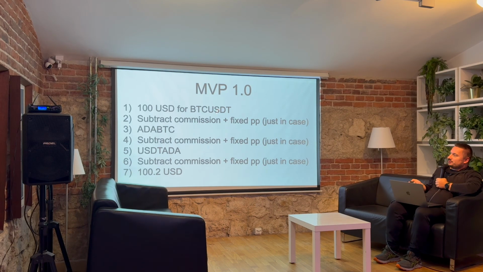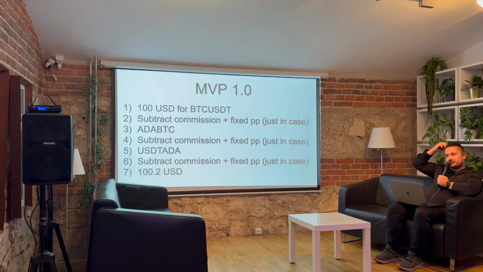Of course, we have to subtract the commission because every exchange takes a commission. Exchange needs to make money, and usually an exchange makes money on very stupid people like me, right? So subtracting commission is one thing, but to not be overly optimistic, I added more percentage points of commission.